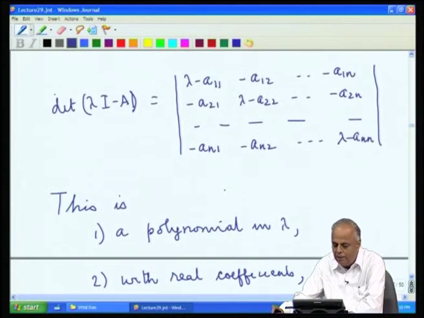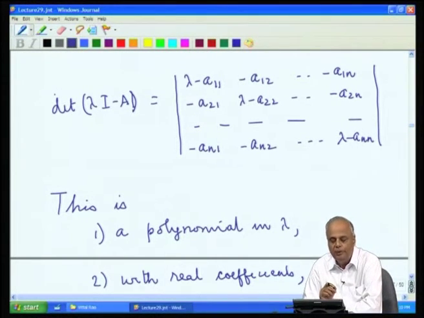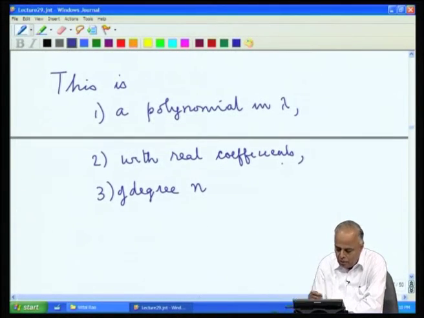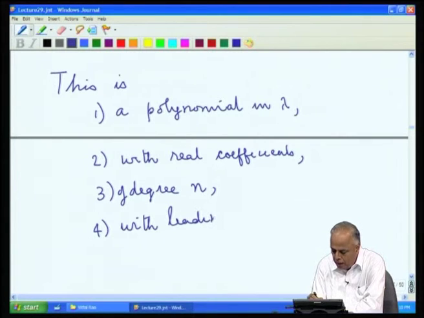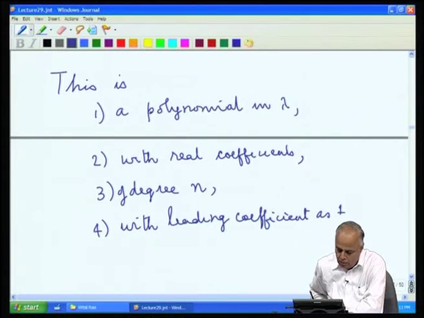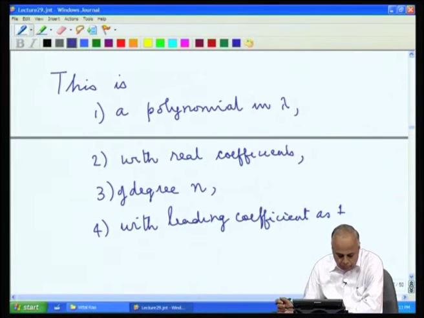The highest degree term lambda to the power of n has coefficient 1, because it comes from the product of lambda, lambda and lambda along the diagonal. By leading coefficient, I mean the coefficient of the highest degree term, and the leading coefficient is 1.